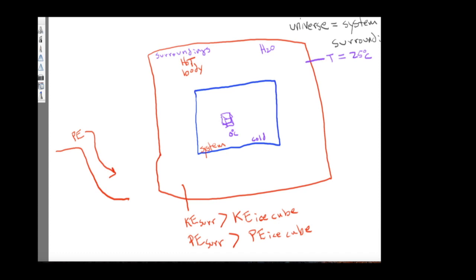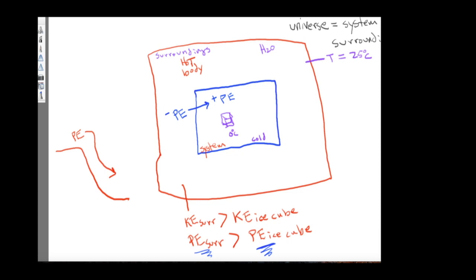It means that in order to melt the ice cube, potential energy is going to flow from the surroundings into the system in order to equalize the energy. Because in the beginning, the potential energy of the ice cube, as I laid out down here, is less than the potential energy of the surroundings.